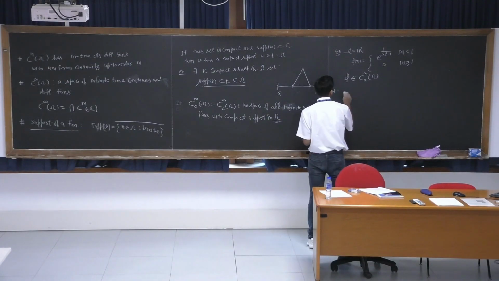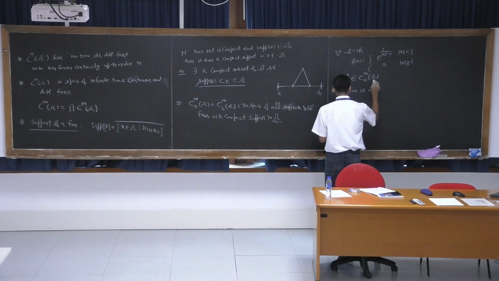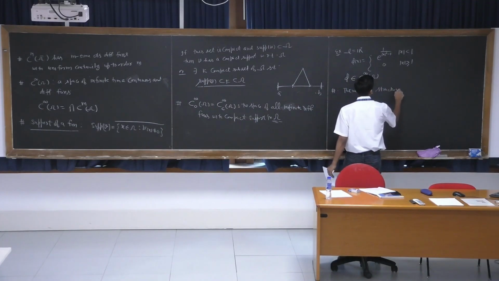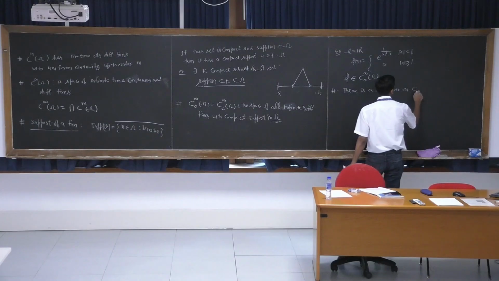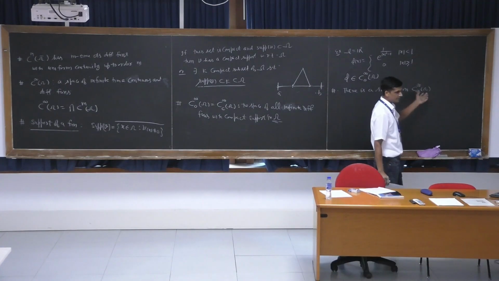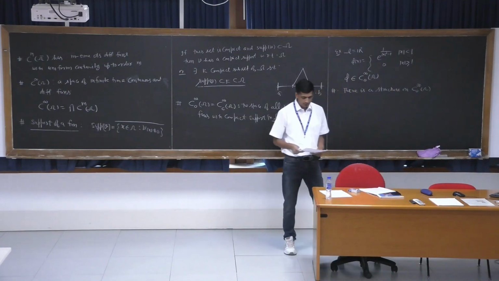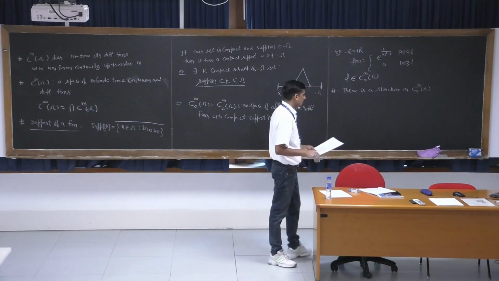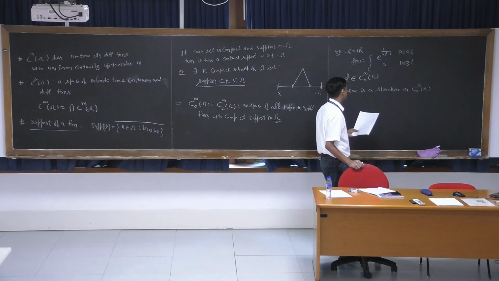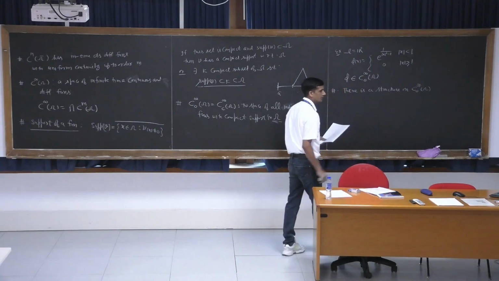There is a structure on C0 infinity: we can define, over this space, sequences of functions which also converge. So then we can define one more space here.